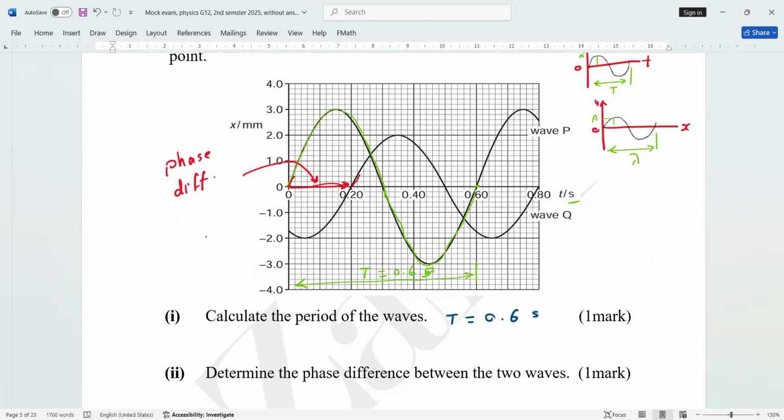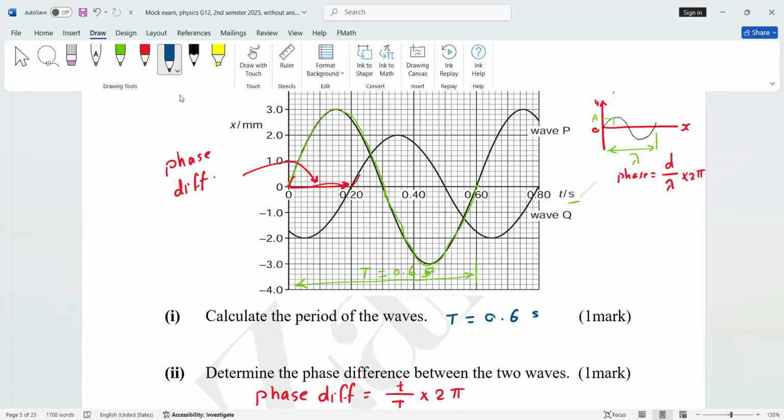So the phase difference in case of time equals t over T times 2 pi. In case of lambda, the phase difference equals d over lambda multiply 2 pi. Then the phase difference equals t small, the difference in time between the two waves, over the time period multiply 2 pi.